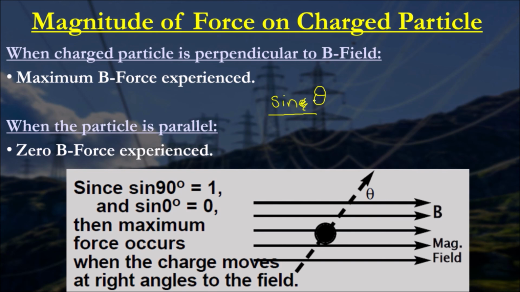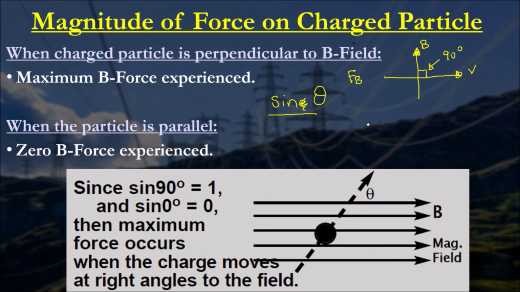The reason being, theta is the angle that the moving charge makes to the magnetic field. So in position where it's 90 degrees here, we get a maximum magnetic force.